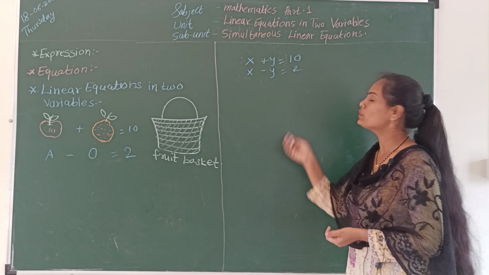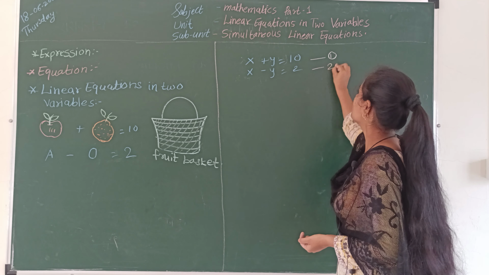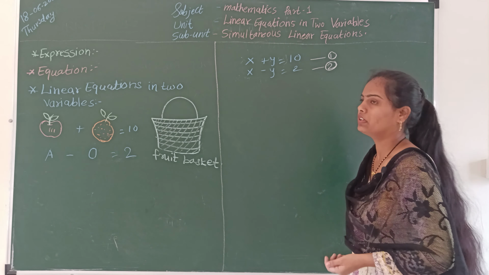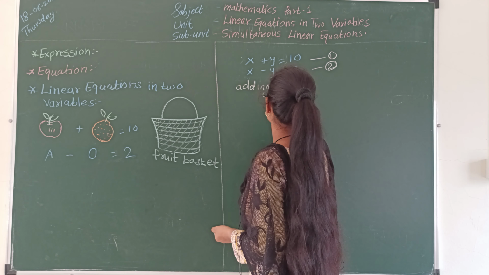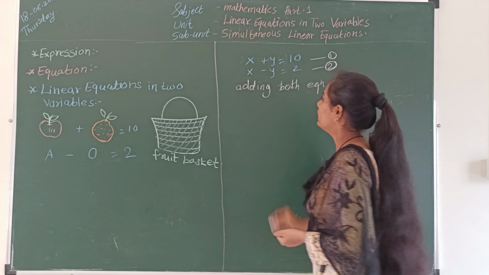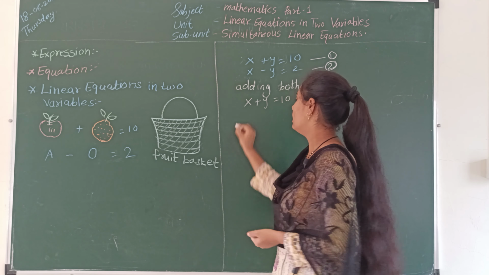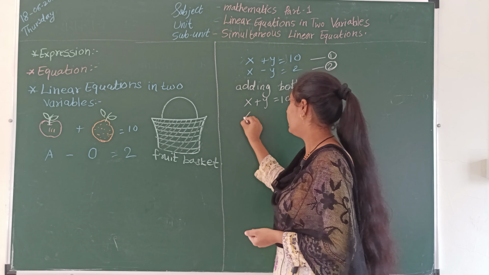Now, are you ready to solve these equations with me? This is the first equation and this is the second equation. Adding both equations, we get x plus y is equal to 10 and x minus y is equal to 2.